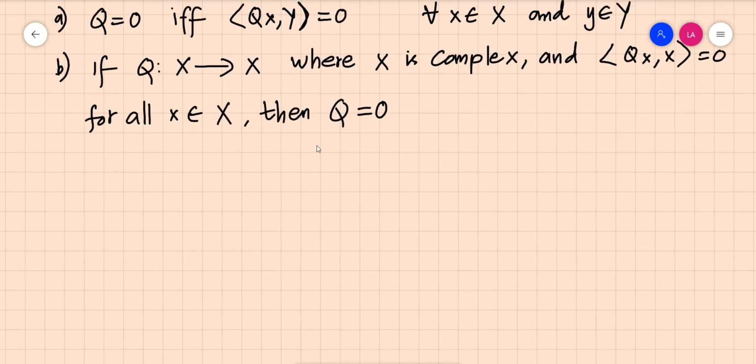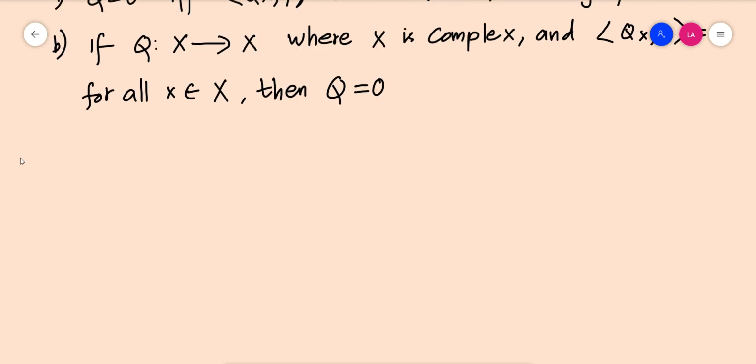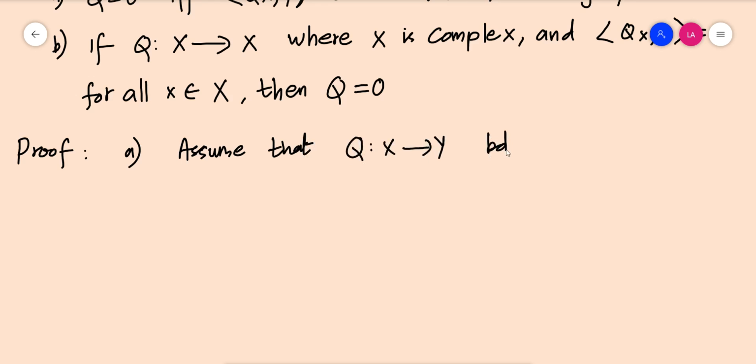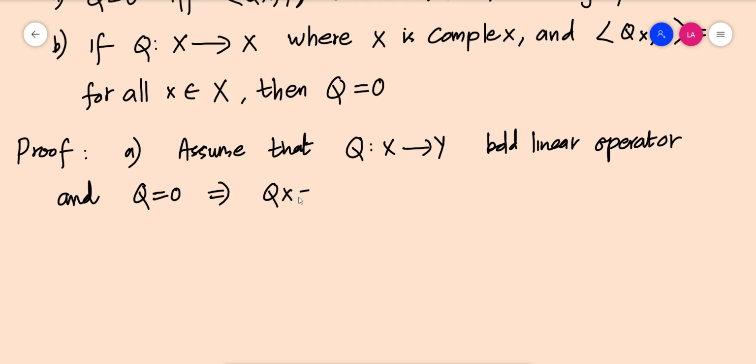First we prove that if Q is equal to 0, then <Qx, y> is equal to 0. So let us move on to the proof. Part A: assume that Q from X to Y is a bounded linear operator and Q is equal to 0.